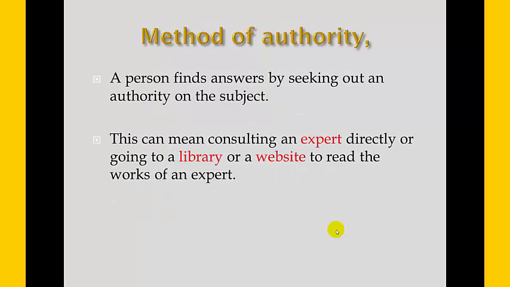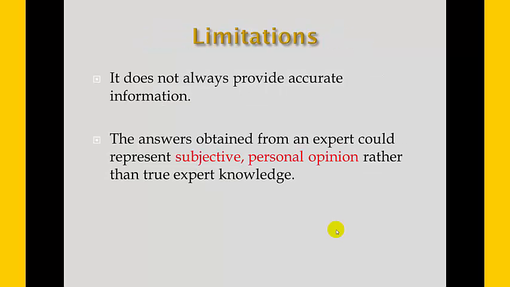The next method is the method of authority. This is the kind of things that we learn from experts. And the experts could be a person, or a book, a textbook, or even a website. One of the things that you need to know about the expert is to learn about the limitations of asking or learning through experts. First of all, you got to know that sometimes the expert's opinions are not based on research and could be subjective and very personal.